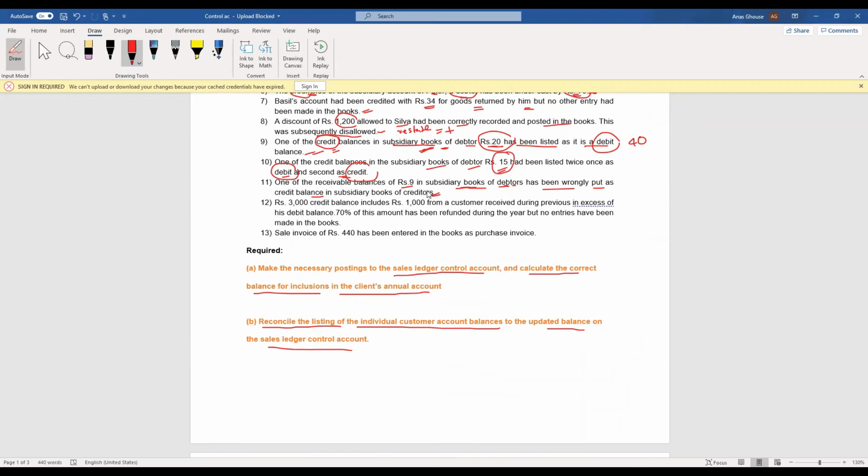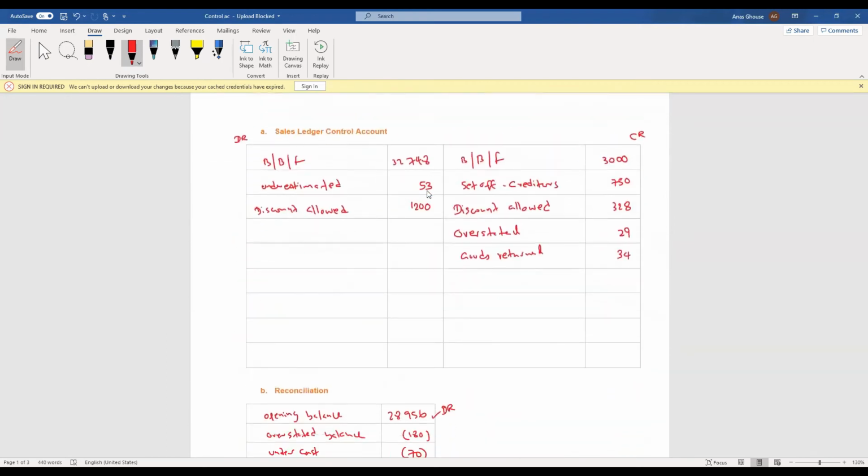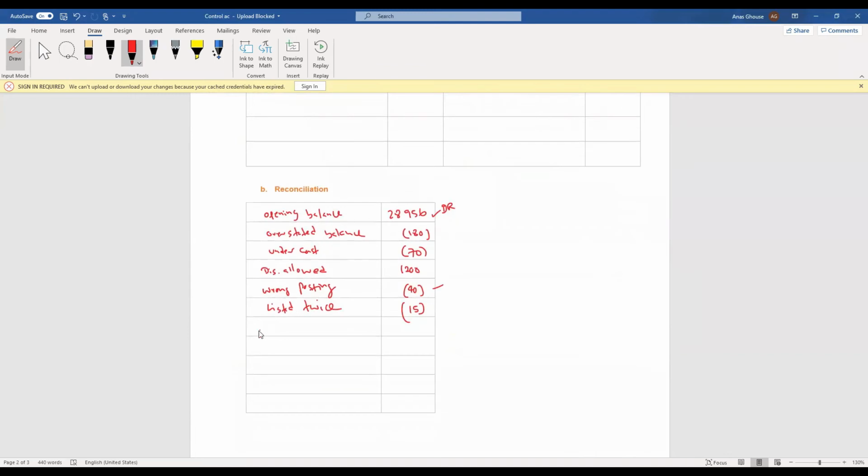So we need to record this particular transaction. Therefore, we need to debit, or add to, the individual customer balance. Okay, so amount omitted, 9 rupees has to be debited. Debited means the impact is plus.